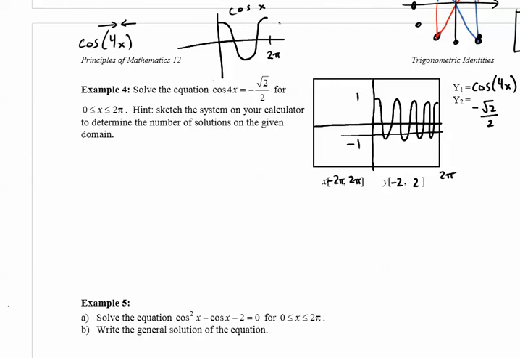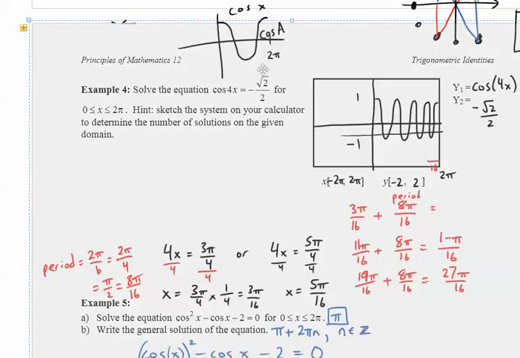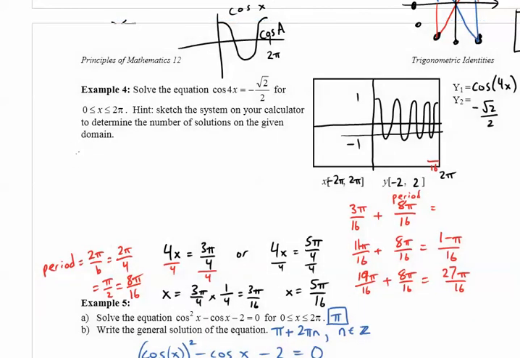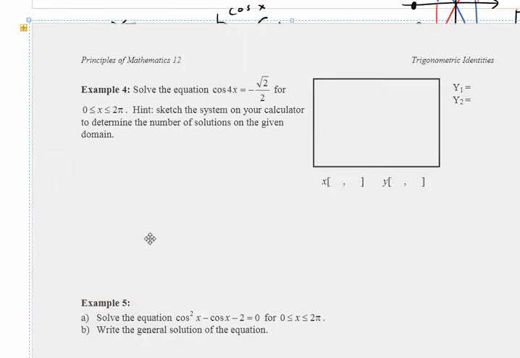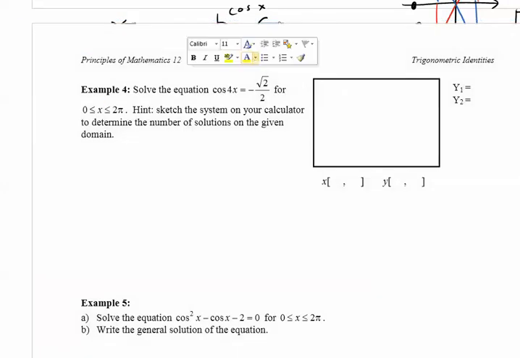Okay. Normally, if I have a normal cosine graph, so normally for cosine, the graph has only 2 answers.